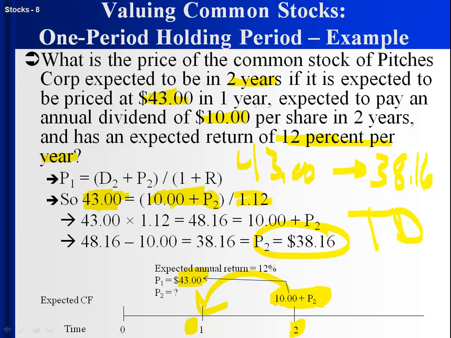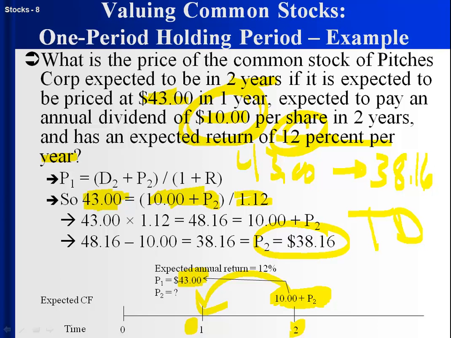And in this case, you've got a very, very big dividend. You actually have a negative capital gain, a capital loss, the expected price of the stock. The price is expected to go down by about $5. But when you put it all together, the fact that you've got this big dividend, but you've also got this capital loss, you wind up in a case where you would expect a return of 12%.